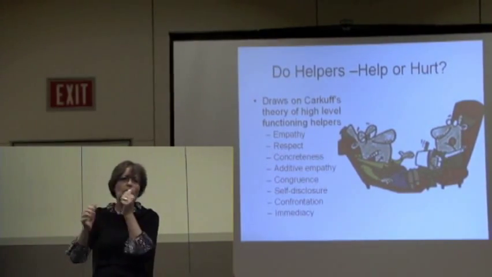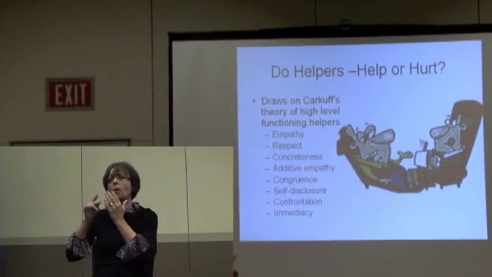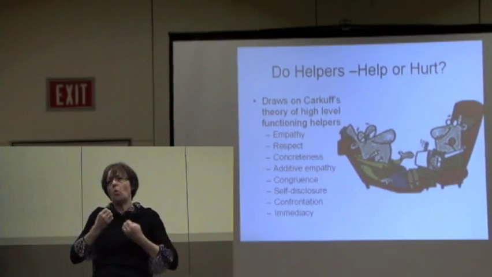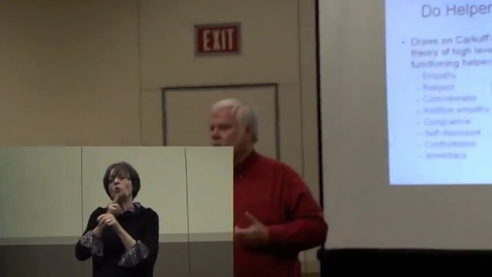A lot of programs that work with students with emotional and behavioral disorders will use The Skilled Helper because what Egan has done is, there was a man a number of years ago named Kharkov. And Kharkov looked at therapists. And what he found was that good therapists resembled one another irrespective of what their training background was.